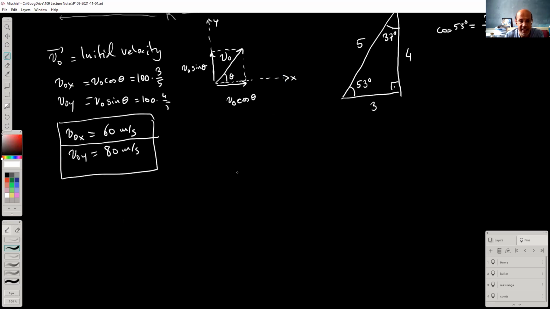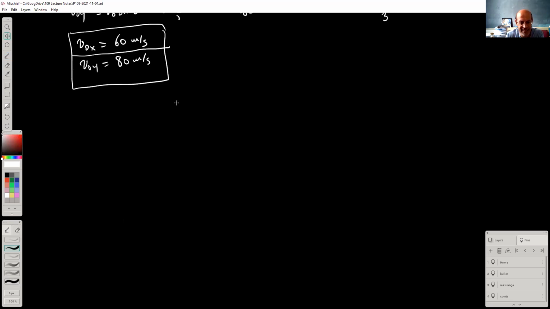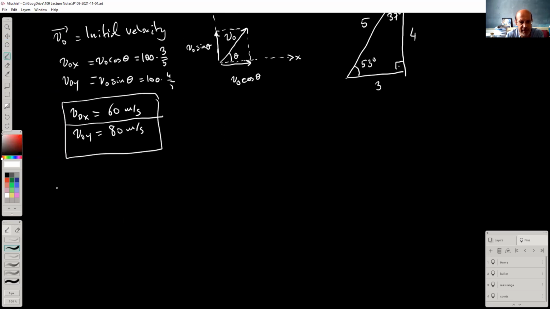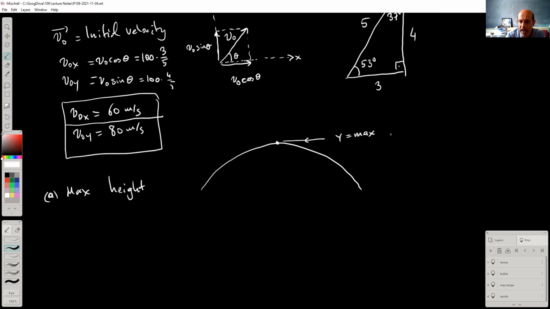Okay, so the maximum height, right? There's a condition for maximum height. That's the point where the height is maximum. And we know that this corresponds to the situation where the y component of the velocity is equal to 0, because at that point, the velocity should become completely horizontal.